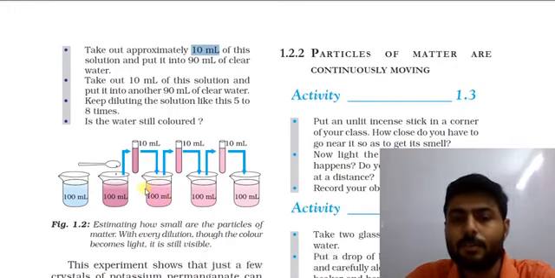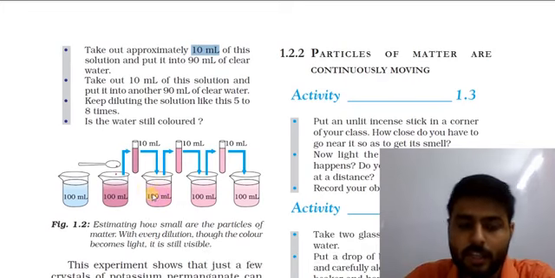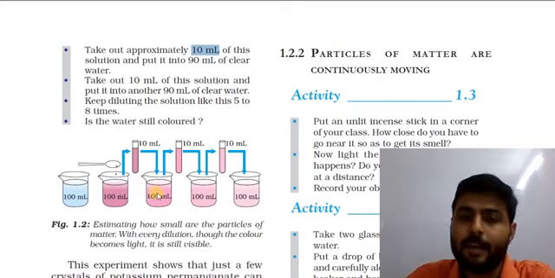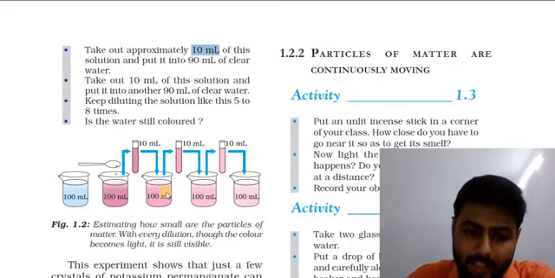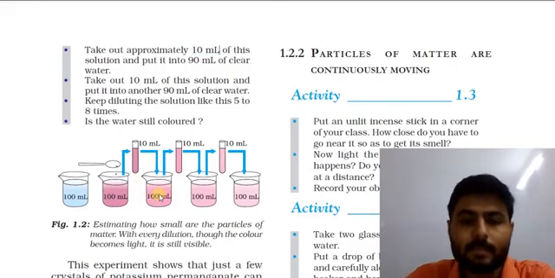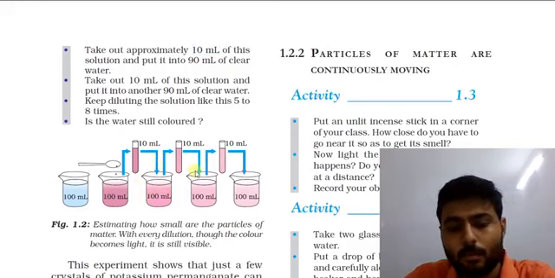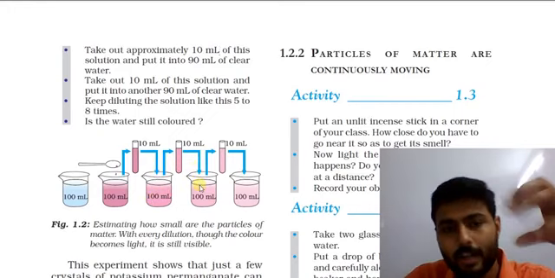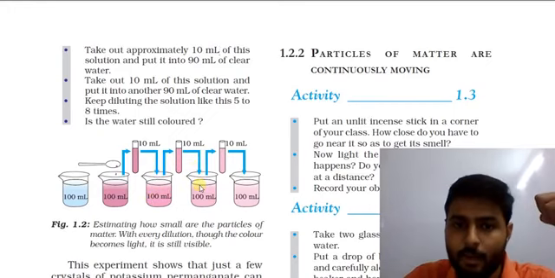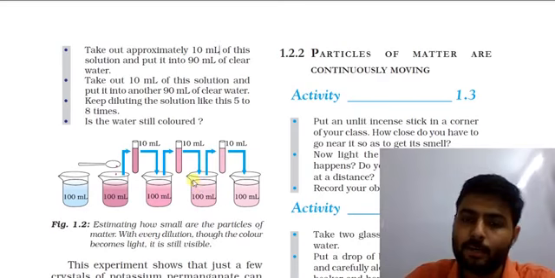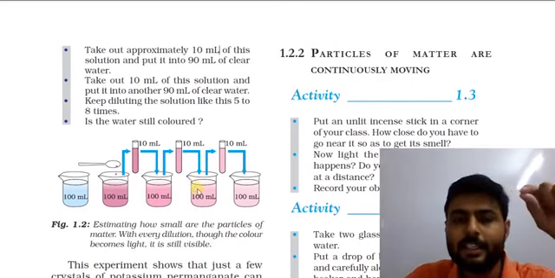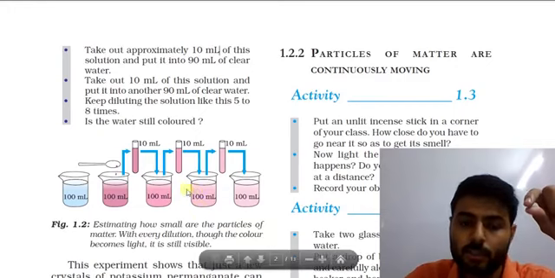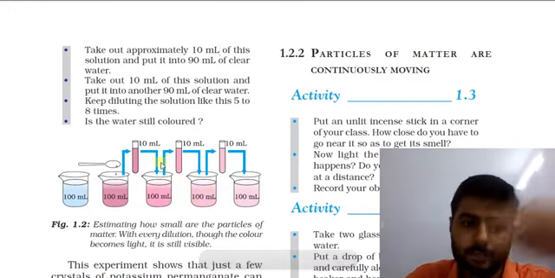Now we repeat this process. Again we take 10 ml of solution from the second beaker and pour it into another 90 ml of clear water. We can see that this solution also gets colored.